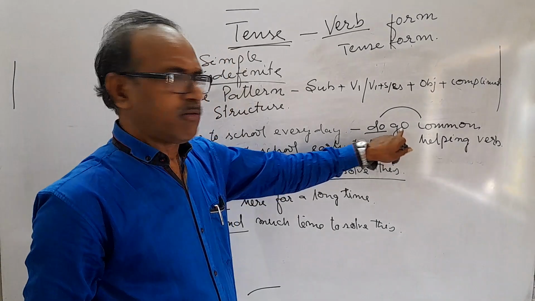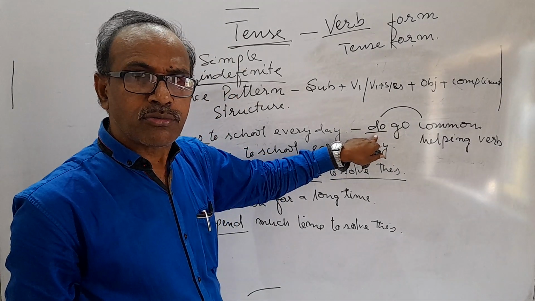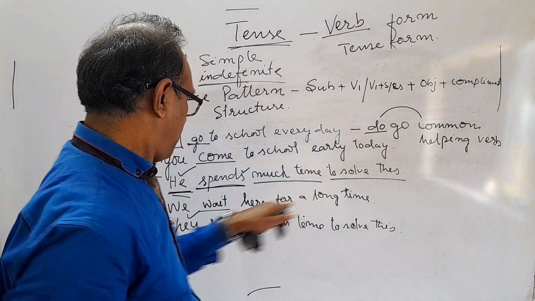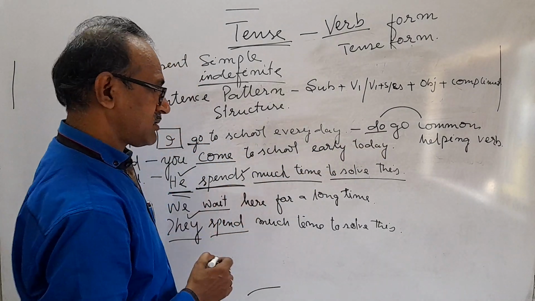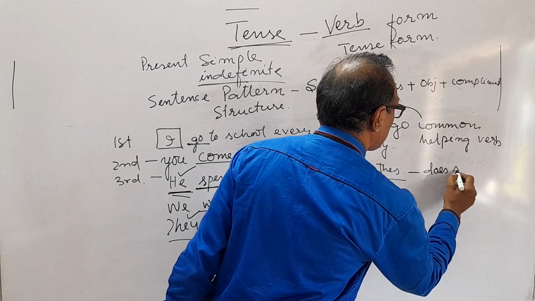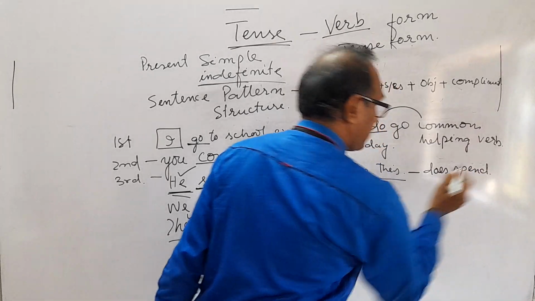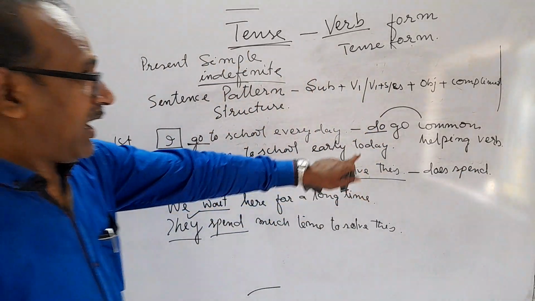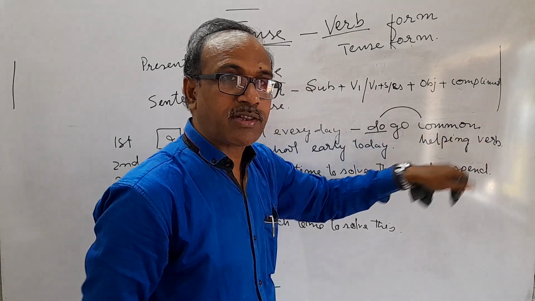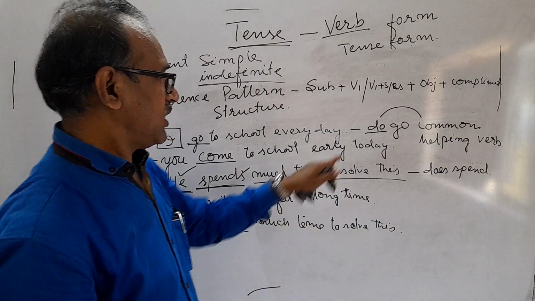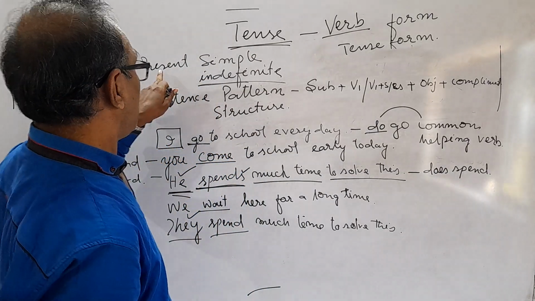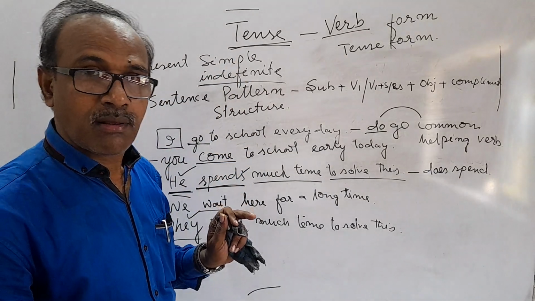With any verb we can use do, but there will be no change in the meaning. But in case of spends, here this spends is does spend. Do and does both are common helping verbs. With any verb you can use this do or does in case of present simple.